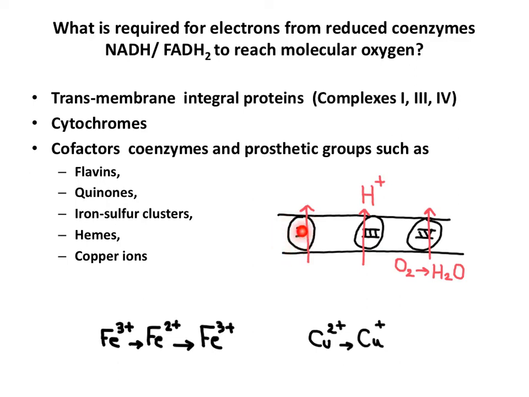Those proteins will contain centers, coenzymes, and cofactors changing in oxidation state. For example, iron 3 plus will accept one electron and can change to iron 2 plus. Copper 2 plus will accept one electron, changing to copper 1 plus. When the protein is charged with one electron, protons will be pumped.